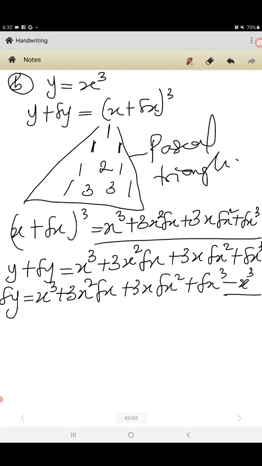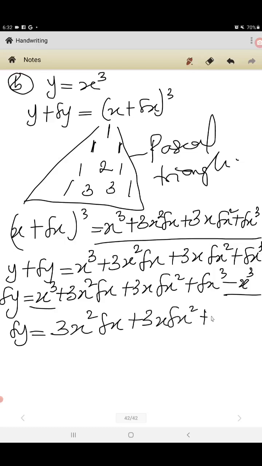So you also notice something from here: minus s cubed plus s cubed, you have y is equal to 3s squared dx plus 3x ds squared plus dx cubed.